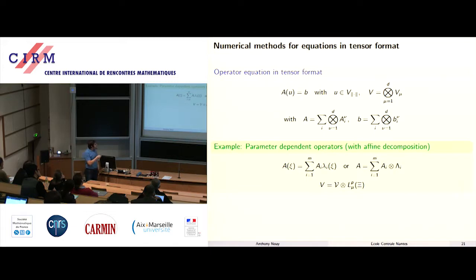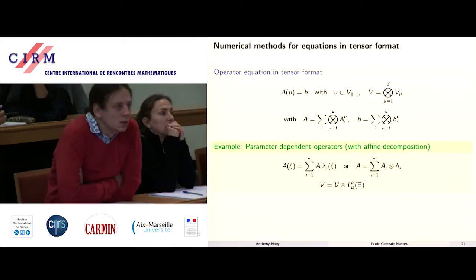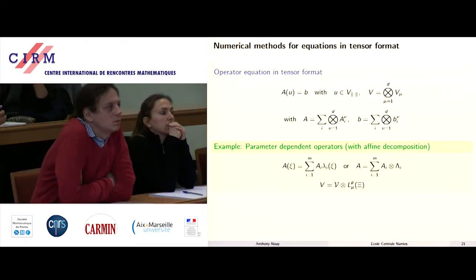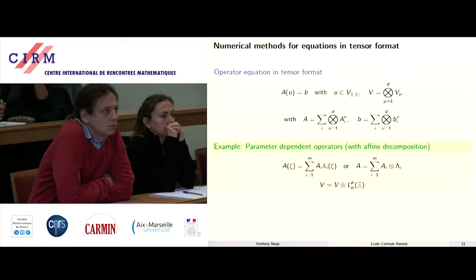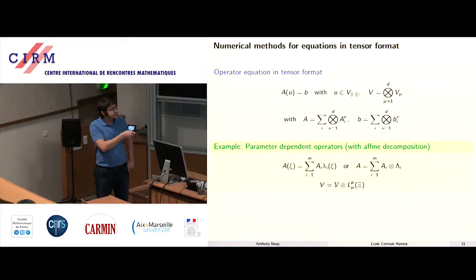Also for parameter-dependent operators, this kind of decomposition is quite well known for reduced basis techniques, for example, where you have an affine decomposition of your parameter-dependent operator. A of the variables can be written as a sum of deterministic operators times real-valued functions of your parameters. And in fact, this can be interpreted in tensor format as a sum of elementary tensor products of operators.